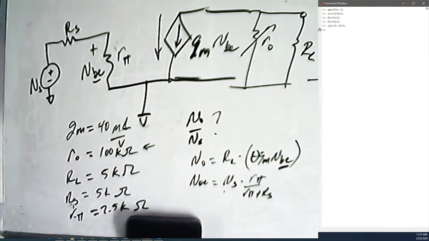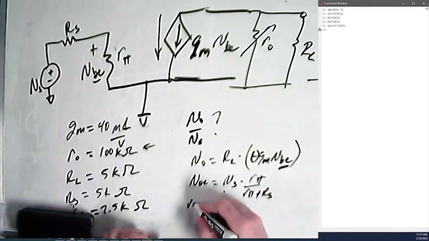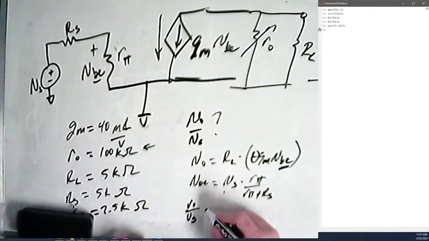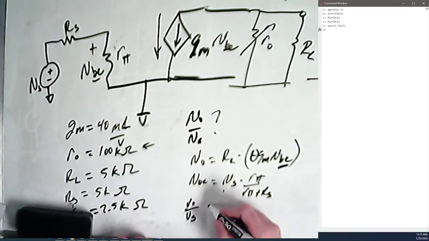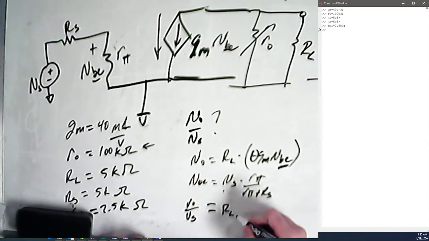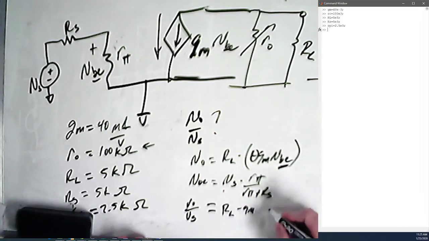What we're going to get for the final on this is that Vout over Vs, and I know this is getting rather small here, is equal to RL times negative gm times R pi over R pi plus Rs.